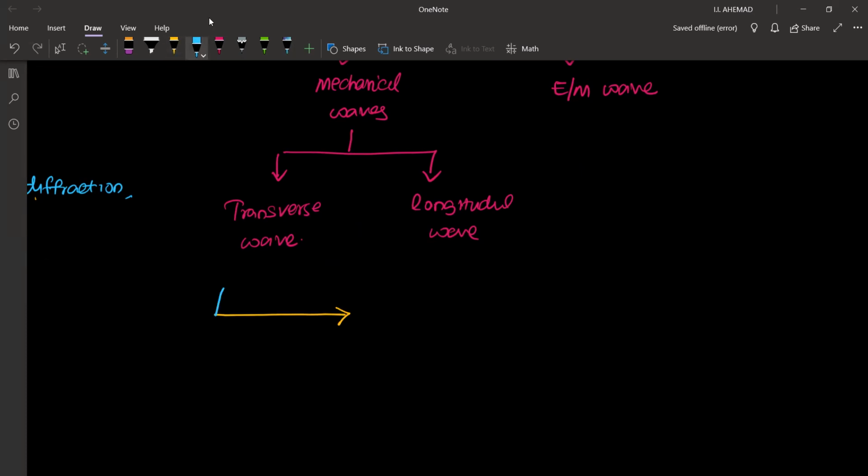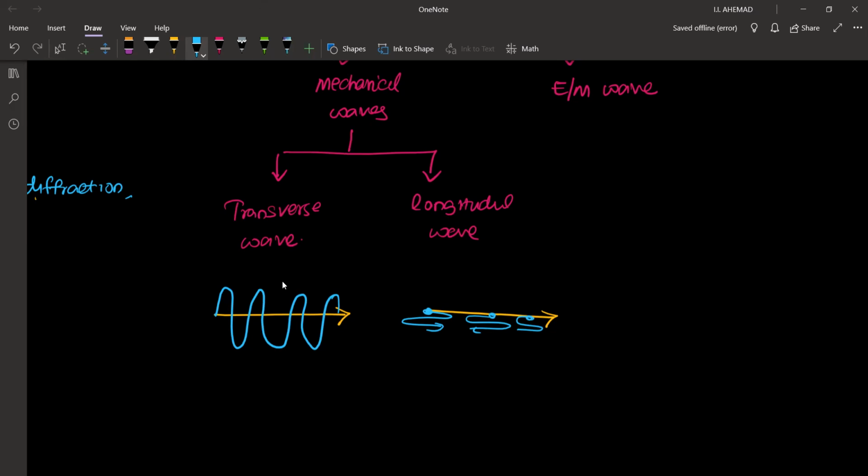These particles vibrate perpendicular to the propagation. And in a longitudinal wave, if this is the direction of propagation of the wave, the particles vibrate in the same direction. They vibrate back and forth. And the energy is transmitted particle by particle. So that's the simple idea of these waves.